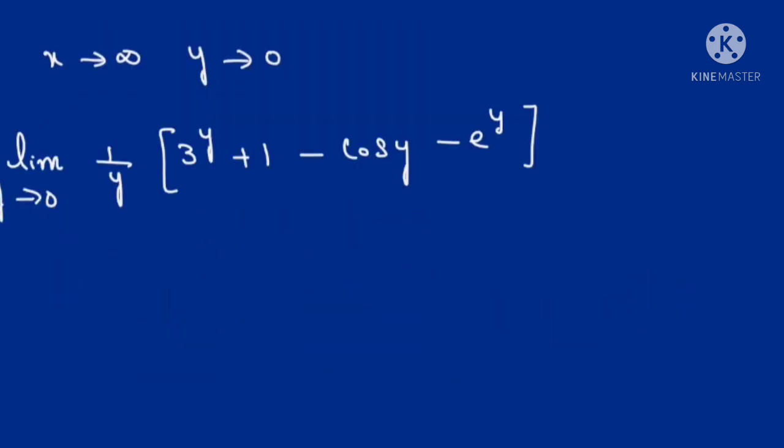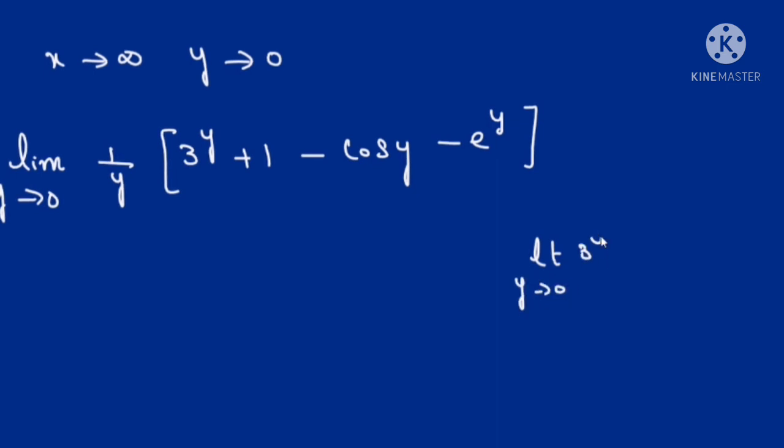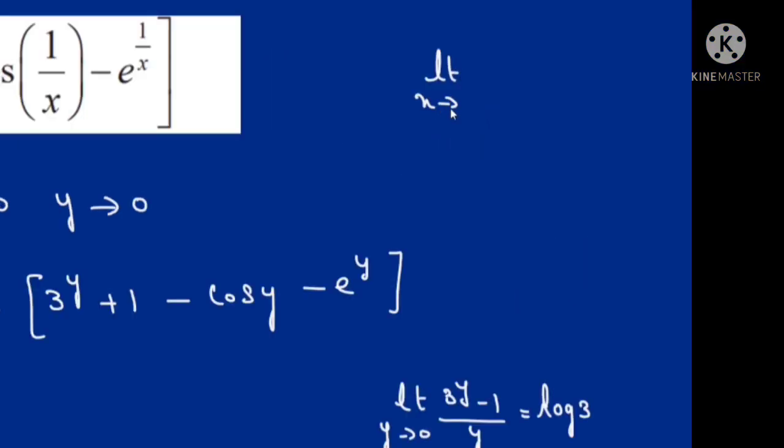Here we are going to use three formulas. The first one is limit y tends to 0, 3 power y minus 1 by y is log 3. In general, limit x tends to 0, a power x minus 1 by x is log a.